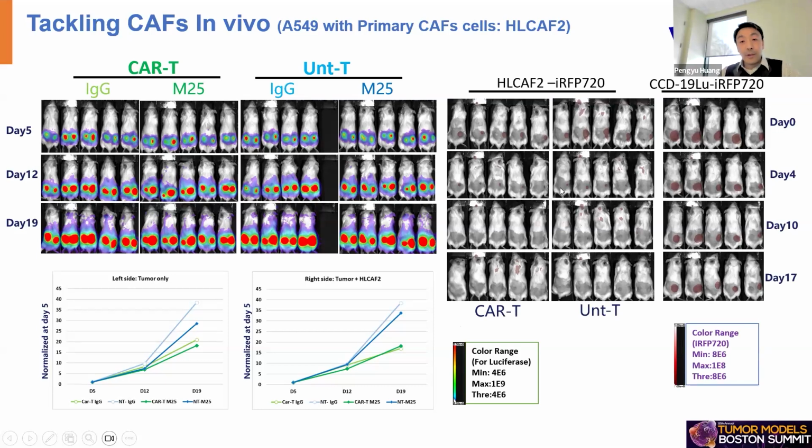Actually, in the beginning when we started the experiment, we had two kinds of CAFs. One is the CCD-19Lu, which is a cell line, not primary cells. So we discussed which cells to take to in vivo. But in the in vitro data, the HL-CAFs provided better results, so finally we decided to use this one.